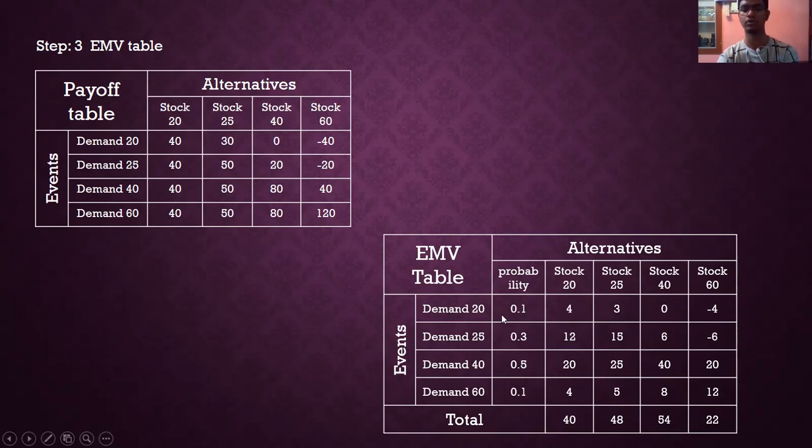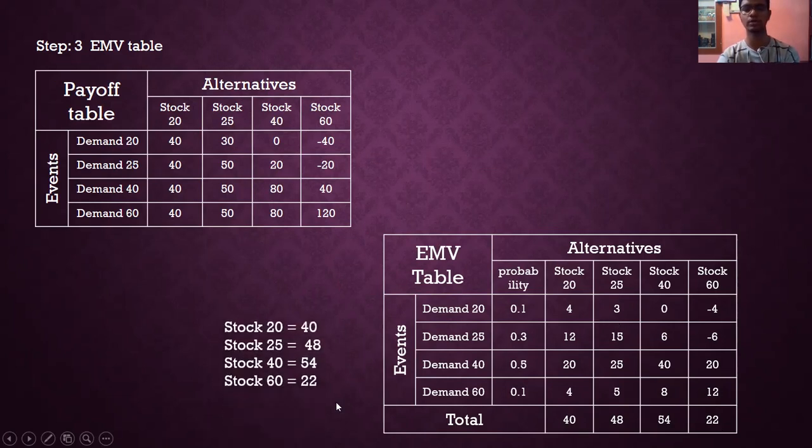After multiplying and writing the values of the EMV table, we have to find a total. The total for stock 20 is 40, for stock 25 it's 48, for stock 40 it's 54, and for stock 60 it's 22. So now we have a total for each stock.